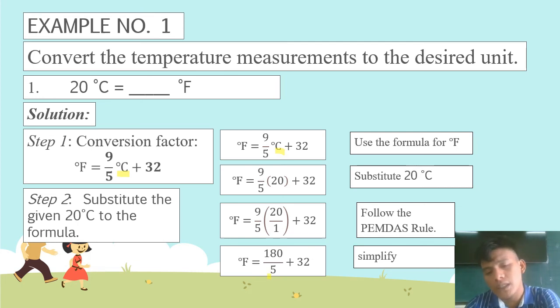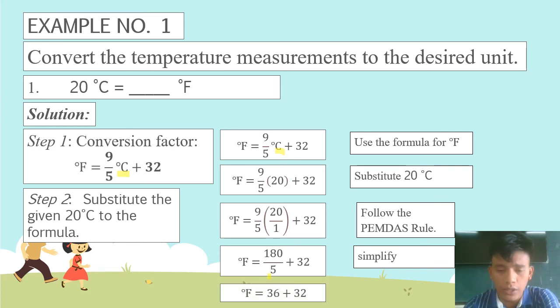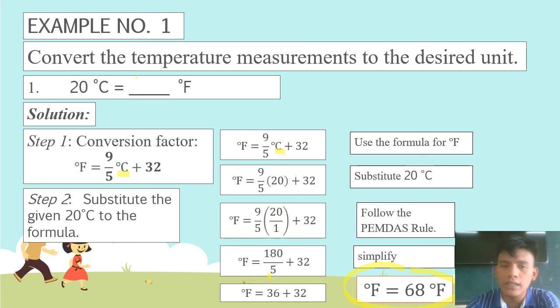After we simplify, 180 divided by 5 is 36, plus 32. 36 plus 32 is 68 degrees Fahrenheit, and that will be our final answer. So 20 degrees Celsius is 68 degrees Fahrenheit. Okay, let's go on.